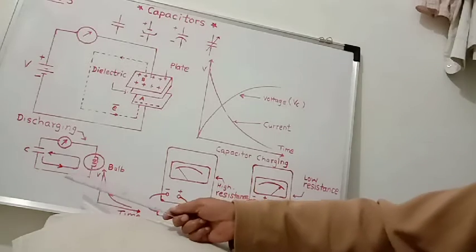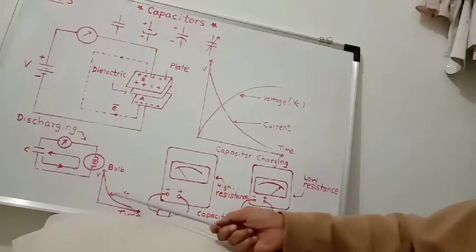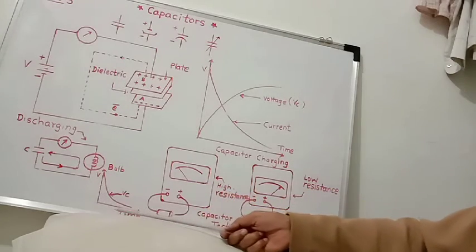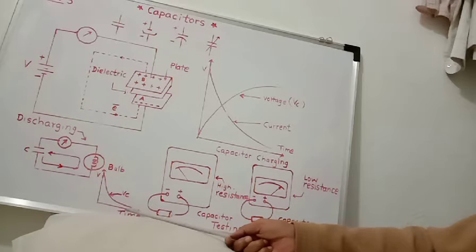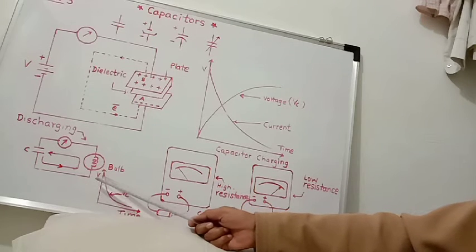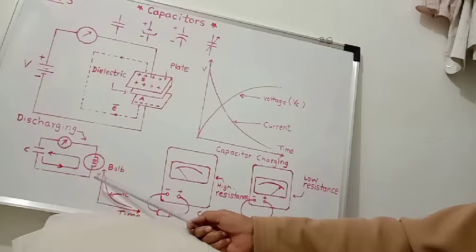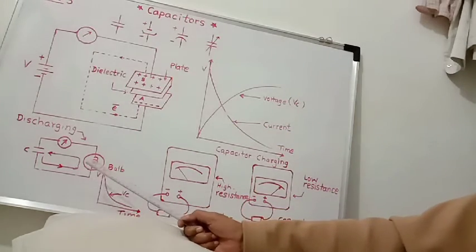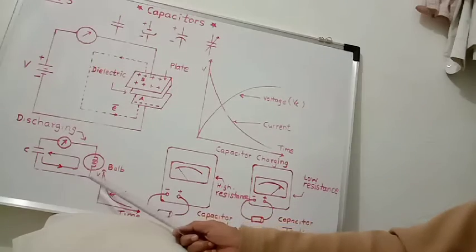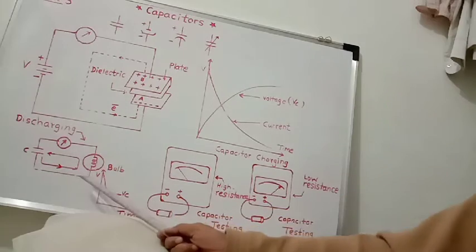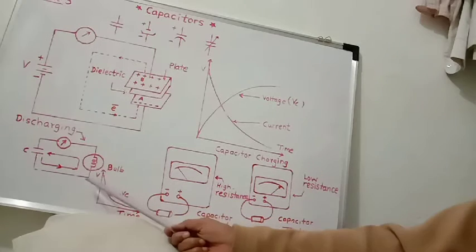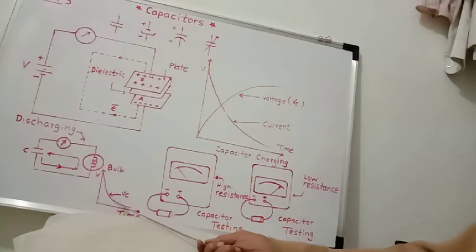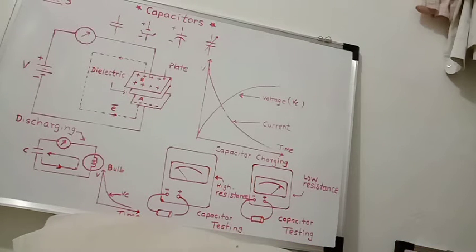As the capacitor discharges, the voltage across it decreases, and finally it becomes 0. Initially the voltage across the capacitor is full, equal to the applied voltage V, and when the bulb is connected across the charged capacitor, current flows through the bulb, and slowly the voltage across the capacitor goes on decreasing, and finally it becomes 0.